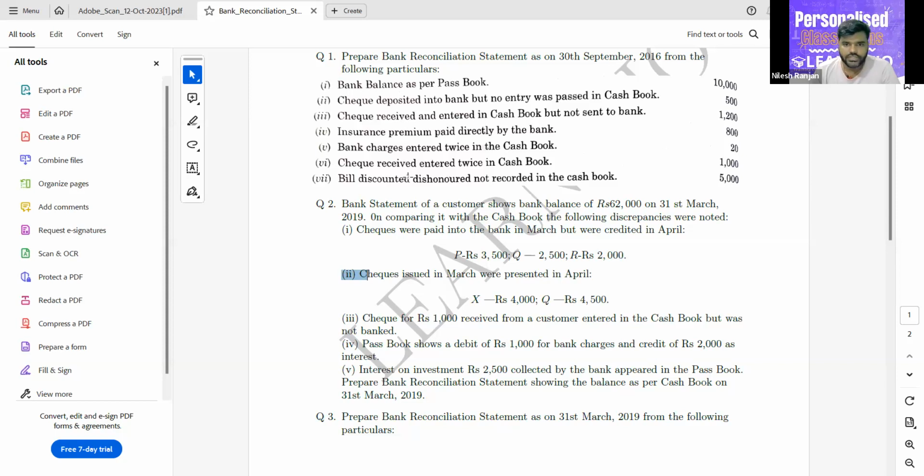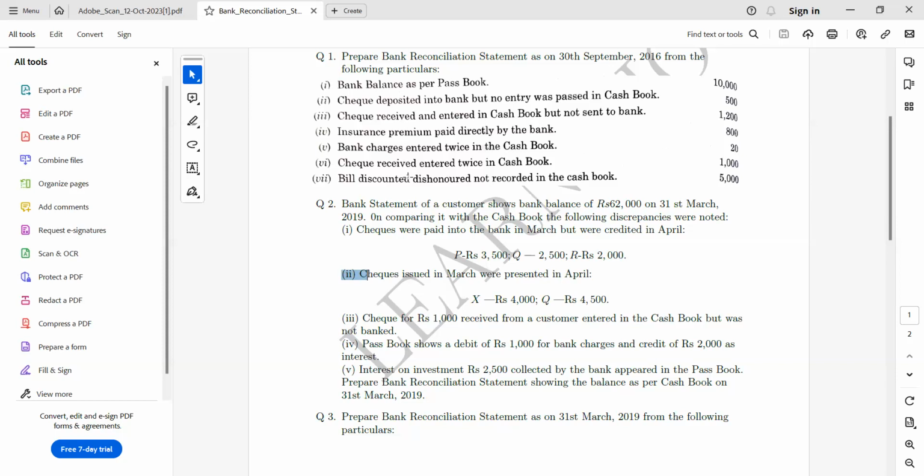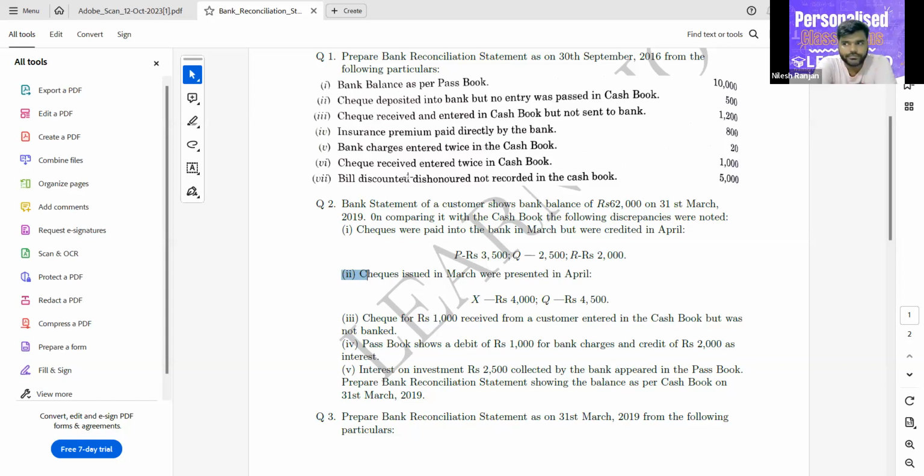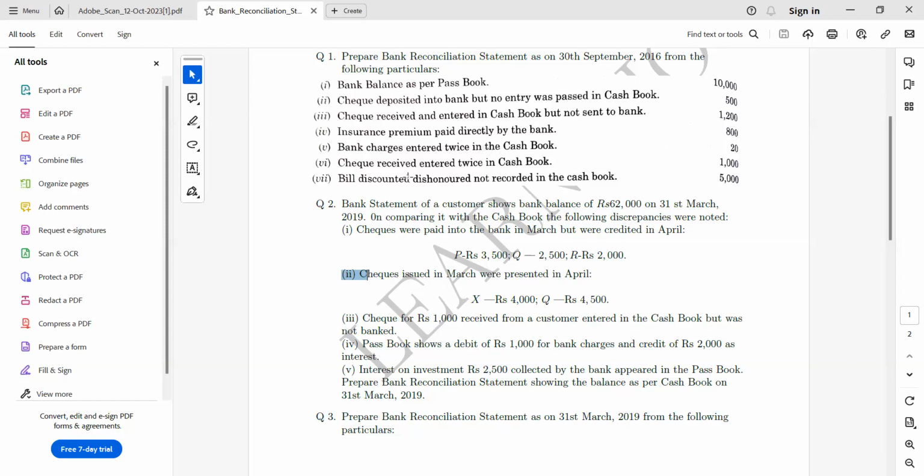Please read the second one. Checks issued in March were presented in April. Okay. So if you issue a check, where will be the impact? On the bank. If you issue a check to someone, where will it be recorded first?